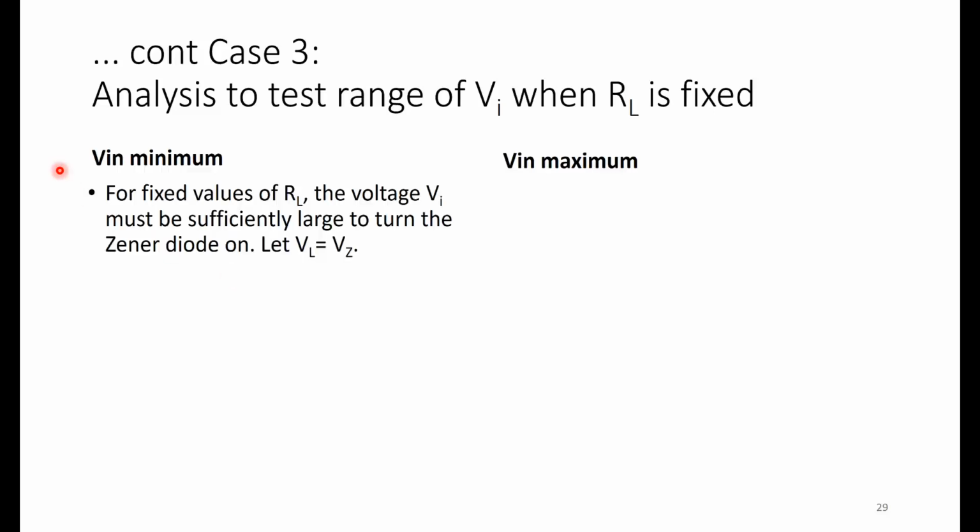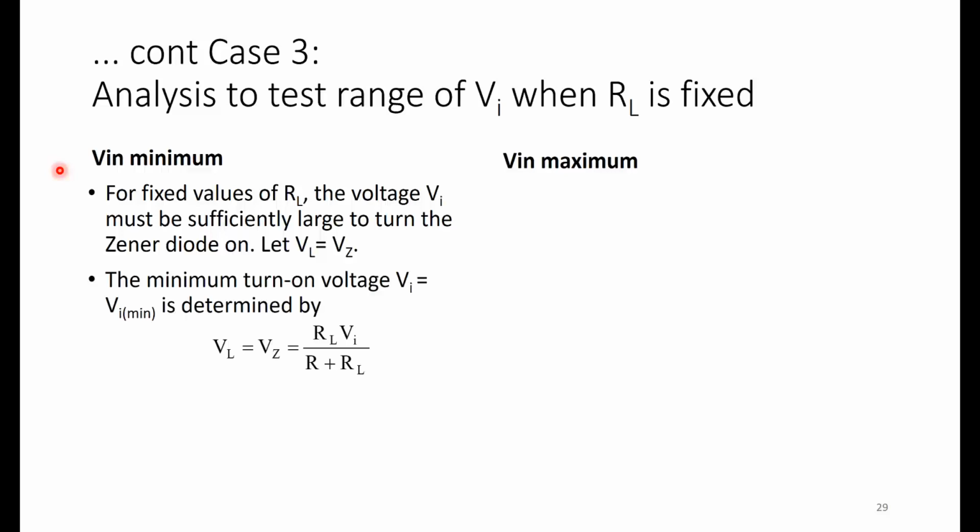So for the fixed values of RL, the voltage Vin must be sufficiently large to turn the Zener diode on. Right? So if the supply voltage itself is not big enough, it cannot cause the Zener diode to break down. So in order to find the minimum value of Vin, we let VL equals to Vz, just like the situation before.